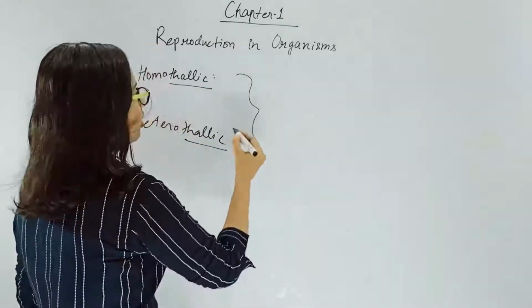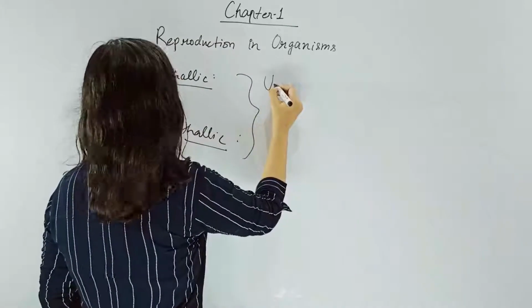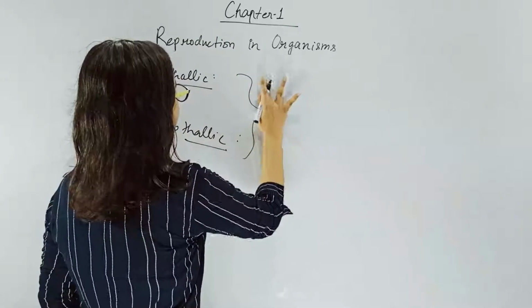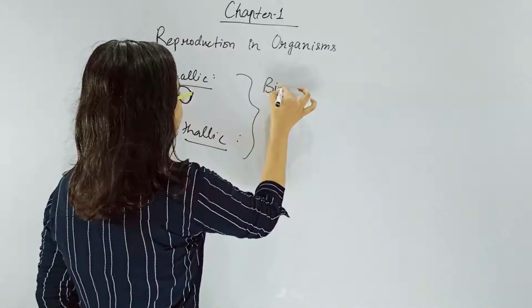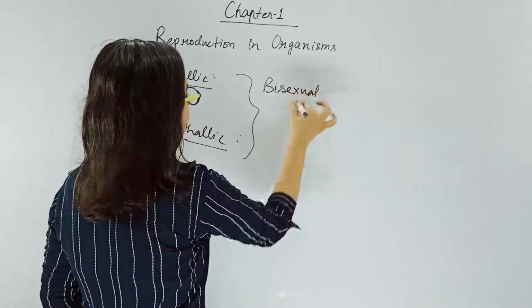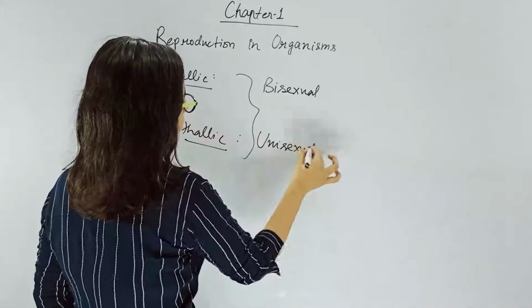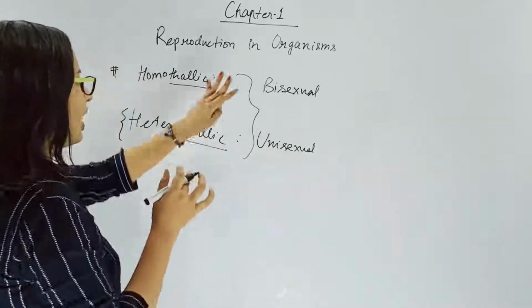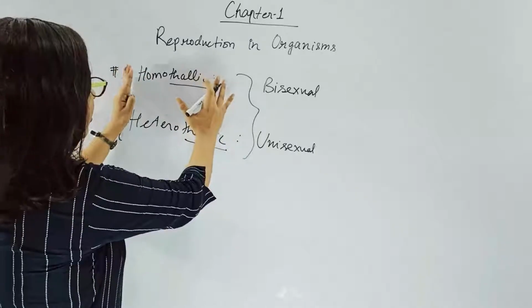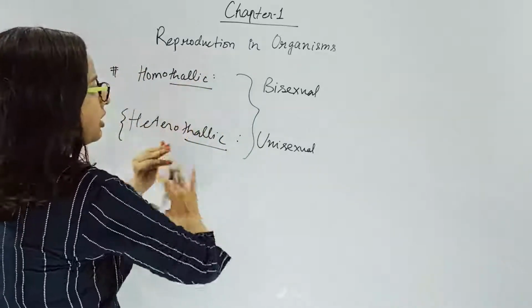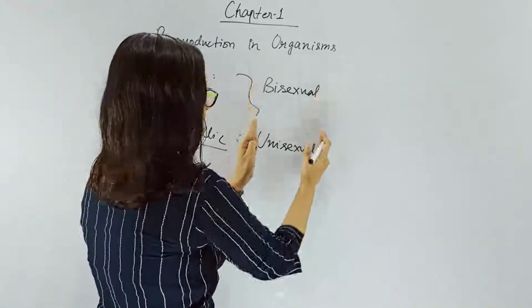Now there are two more terms, unisexual and bisexual. For some time, don't look at the earlier two terms. Let us concentrate on these two.